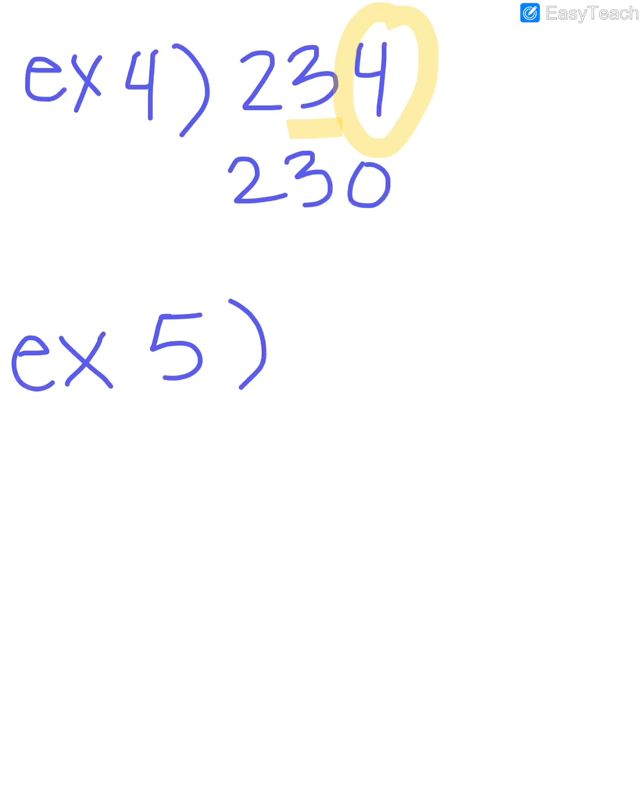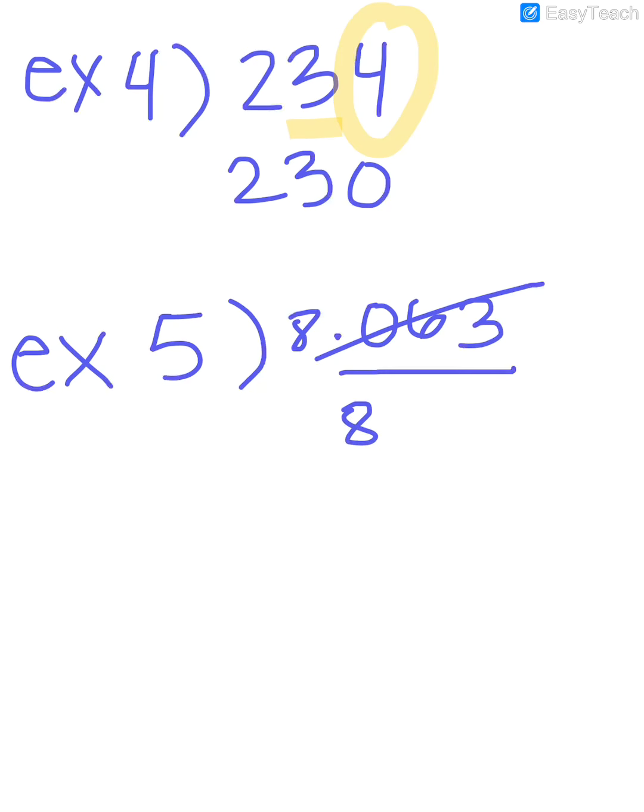We're going to say round 8.063 to the nearest whole number. A whole number basically means that there are no decimal values, so they want you to get rid of all of the decimal values. Since this value right here is less than a 5, you're just going to drop it altogether and your answer is going to be 8.